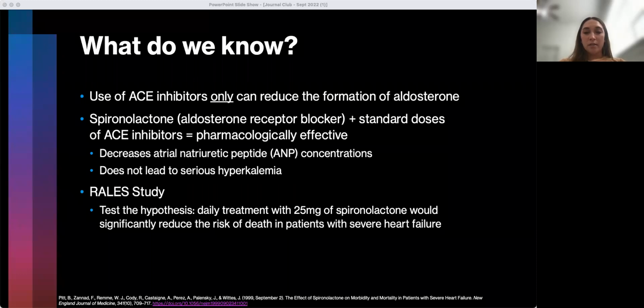ANP is a hormone that's secreted from the right atrium in response to atrial stretch, from fluid overload, essentially. So your body has too much fluid. We know that it decreases that, and it does not lead to serious hyperkalemia. That's another huge finding, because we know that typically those used in conjunction together do lead to hyperkalemia.